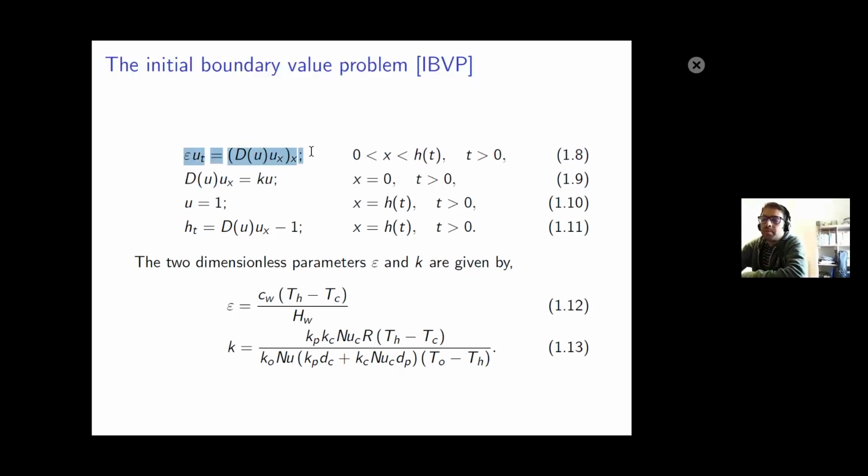The PDE has been reduced down to a simpler looking PDE with only one constant, epsilon. And the only other constant that appears that is a non-dimensional term is this K here.